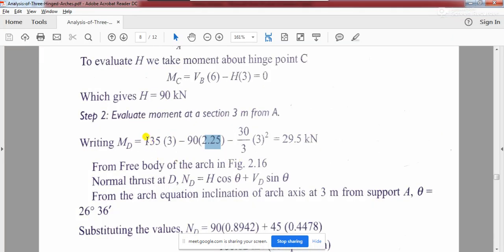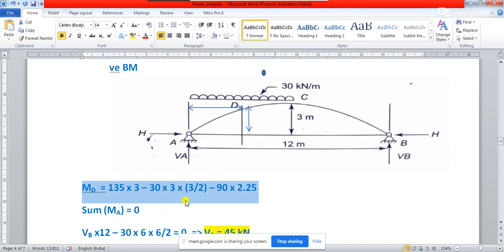So you see 135 multiplied by 3 minus 90 into 2.25 minus 30 by 3 into 3 square. It is nothing but 30 by 3 into, if you calculate this, it will be similar to WL square by 2.